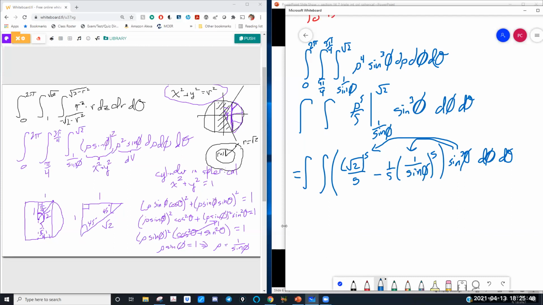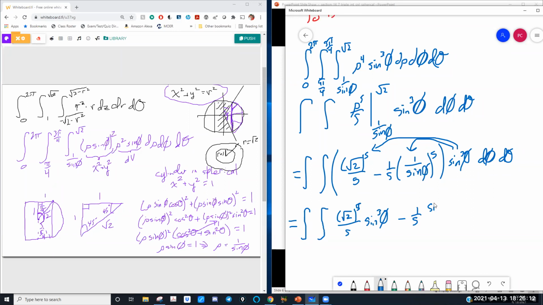I'm just going to do one more step on this one, and then I'm going to stop it because it is going to get a little messy, and I'm not going to take any more class time with it. But we'd have radical 2 to the 5th over 5 sine cubed phi minus 1/5.